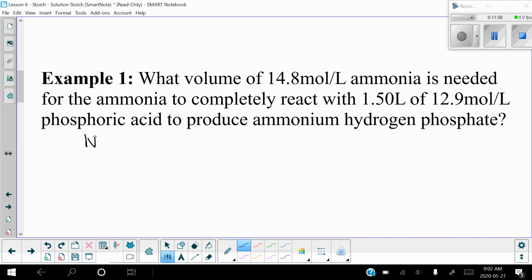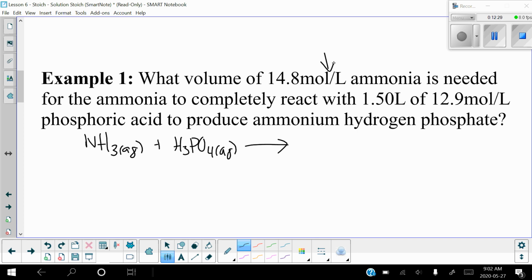So we have ammonia. Okay, it's in solution, so it's aqueous, plus phosphoric acid. Acids are also aqueous in solution. You know that you're working in solution because it's talking about concentrations. You need to see if there's any precipitates or see if they are aqueous.